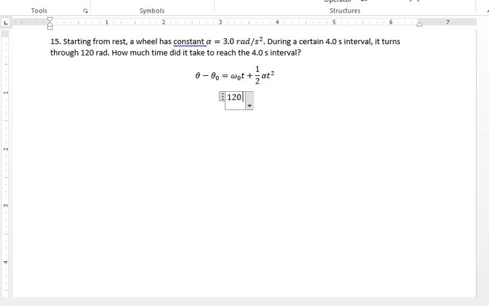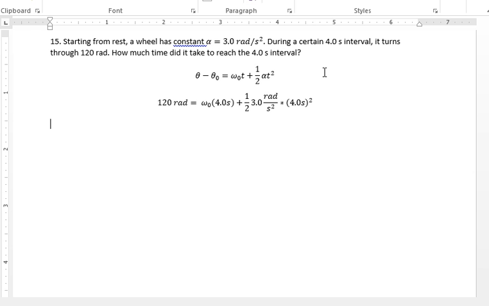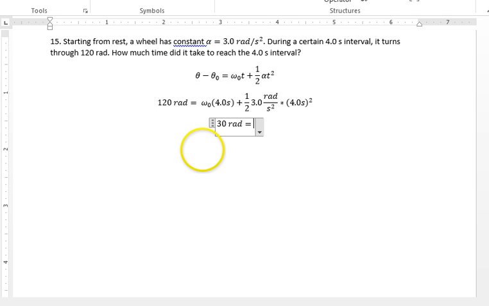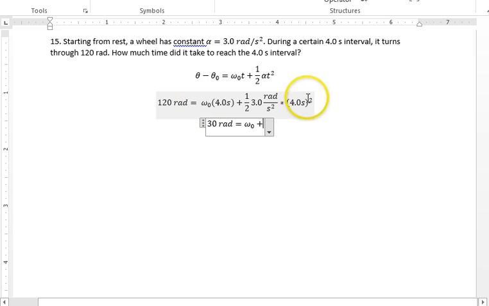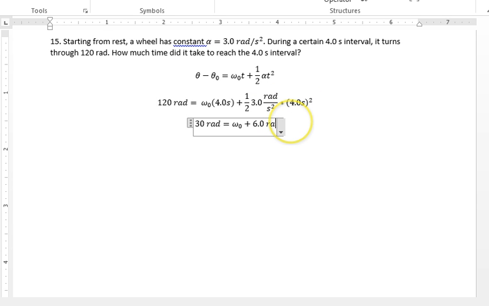All right, so 120 radians equals omega naught times 4.0 seconds plus 1/2 of 3.0 radians per second squared times 4.0 seconds squared, right? Divide by 4 everywhere: 30 radians equals omega naught plus, okay, I divided by 4, that 4 went away, and 4 divided by 2 is 2 times 3, so 6.0 radians.